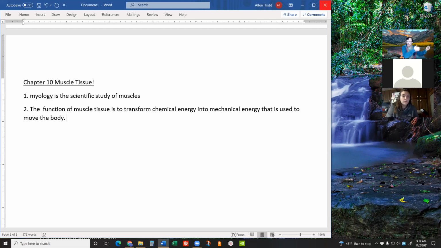Things like that are also happening with the more invisible muscle that we don't always think about and which we take for granted. So the function of muscle tissue is to transform chemical energy into mechanical energy.